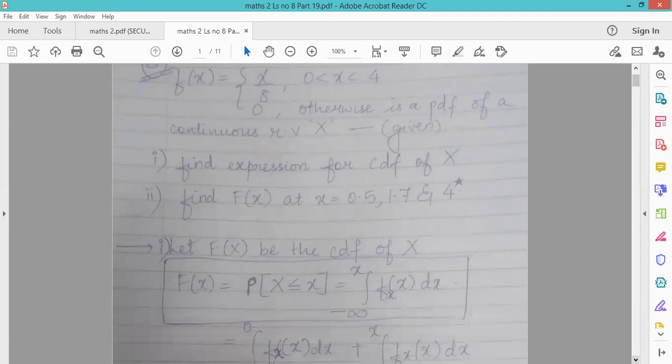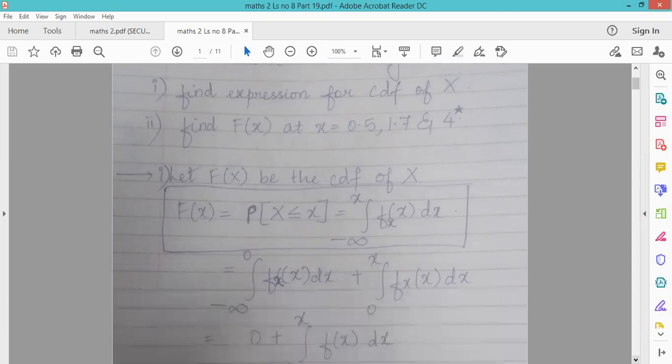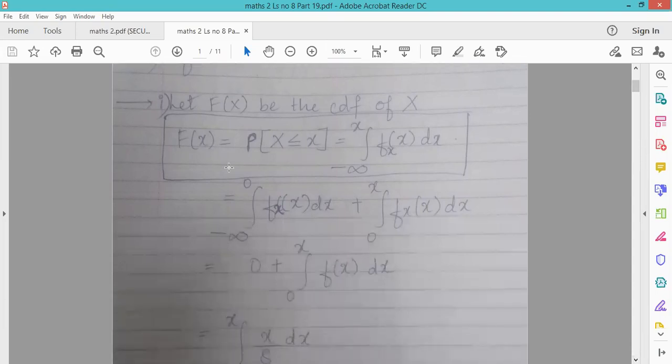So f of x is a PDF of a continuous random variable x which is given. So in order to find the expression for CDF of x, we will assume the first line as: let capital F of x be the CDF of x. So I hope you all are clear with this particular line. Now the formula for CDF is nothing but this.